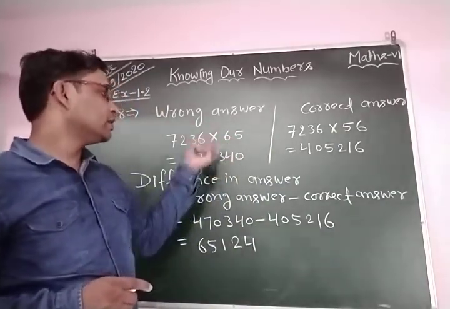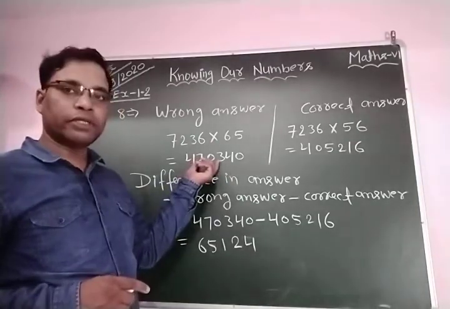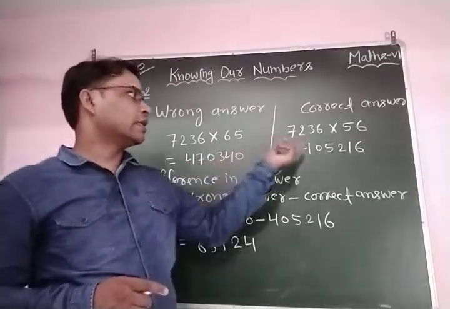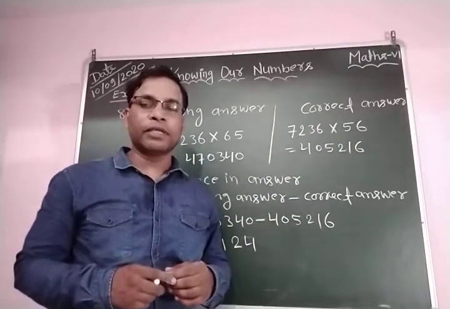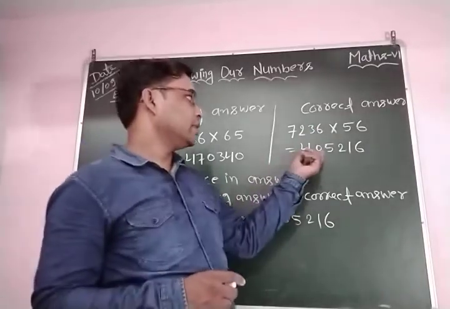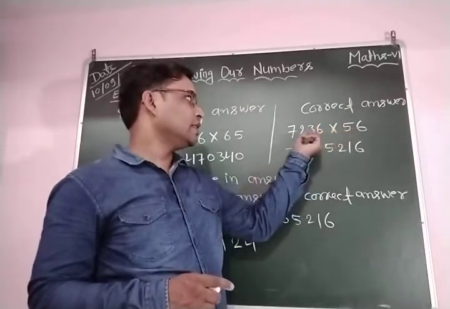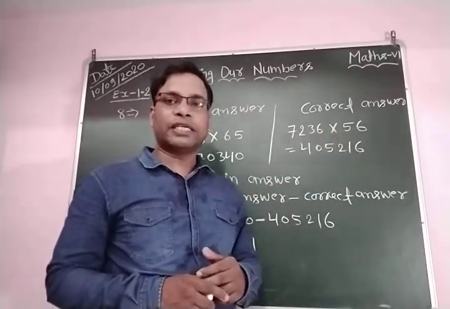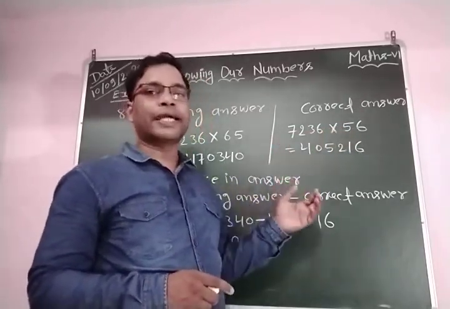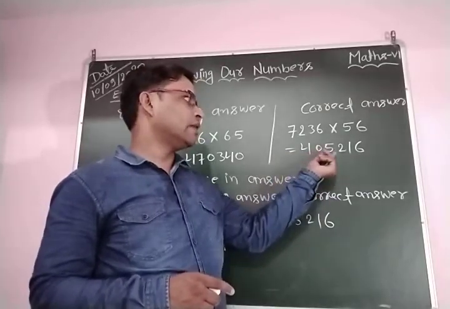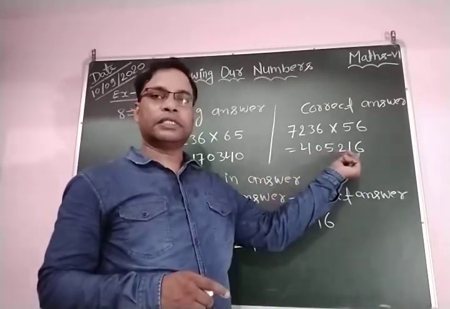Then the wrong answer is 4,70,340, and the correct answer, when you multiply by 56, is 4,05,216.